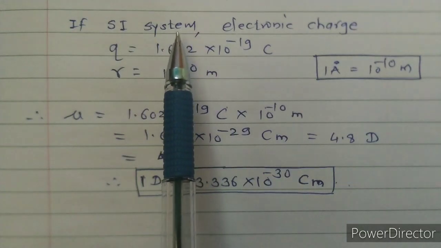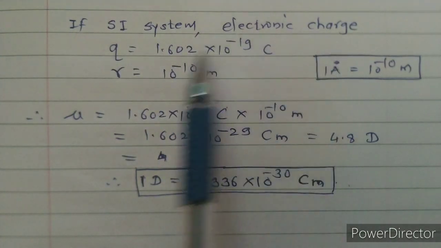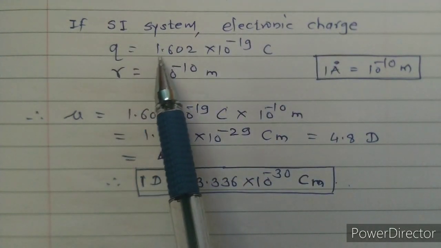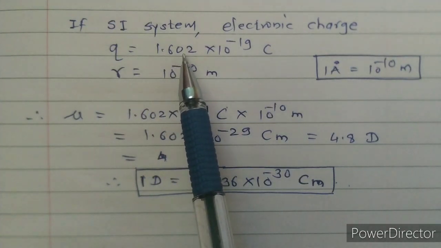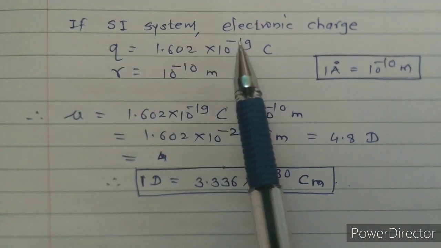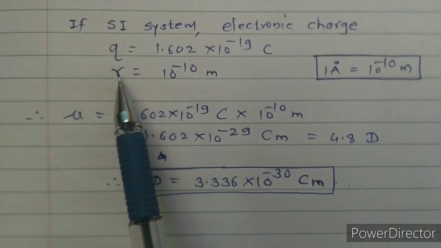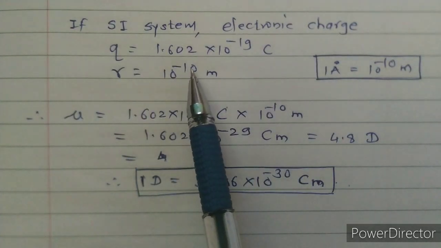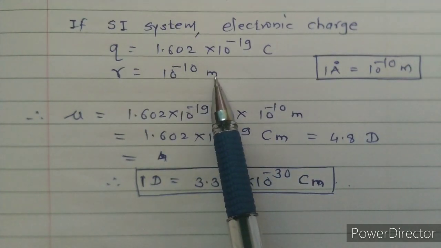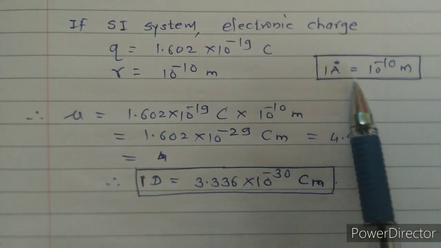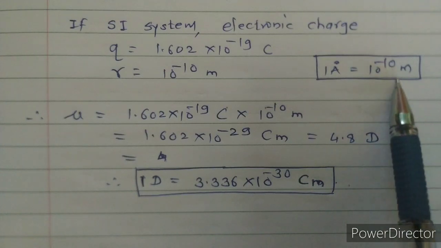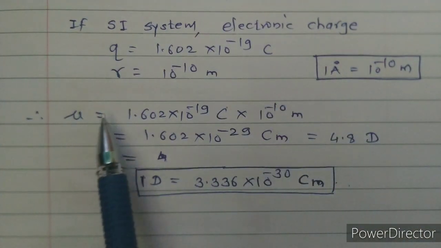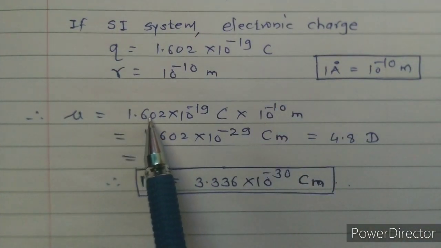In the SI system, electronic charge Q equals 1.602 into 10 raised to minus 19 coulomb, and the distance r is equal to 10 raised to minus 10 meter. So 1 angstrom equals 10 raised to minus 10 meter. So mu equals Q into r.